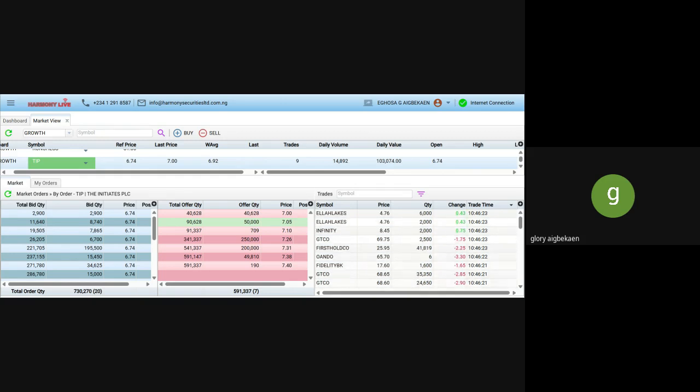But from my evaluation, looking at the earnings they are able to bring to the table, 7 naira is not a bad number. Not a bad number. Let me look at my report again.